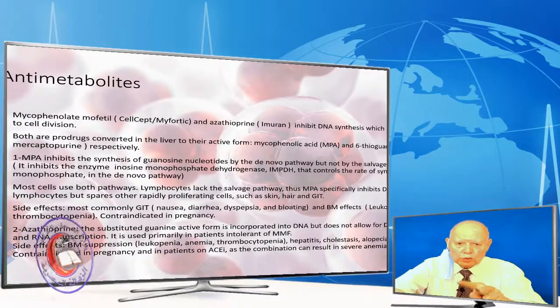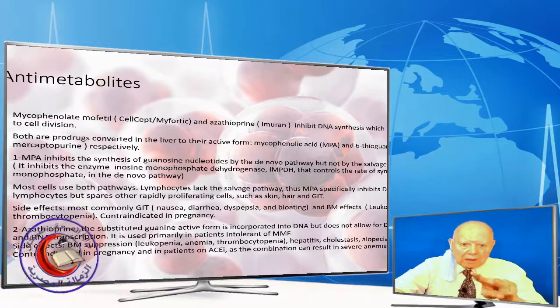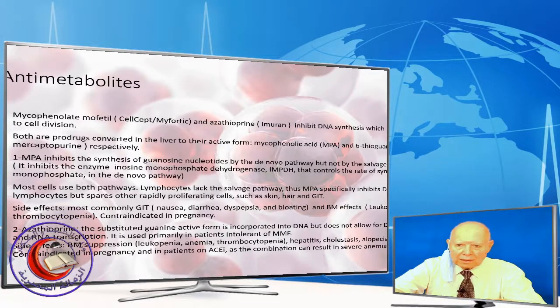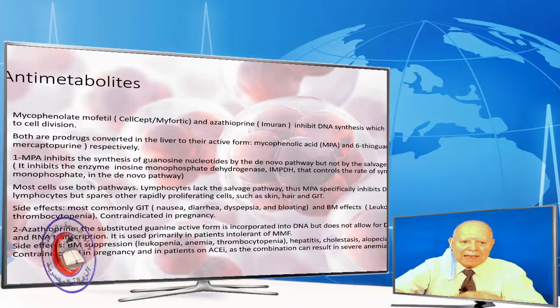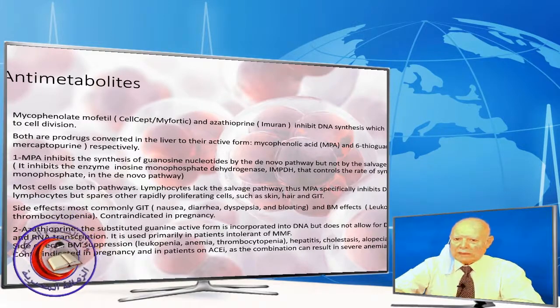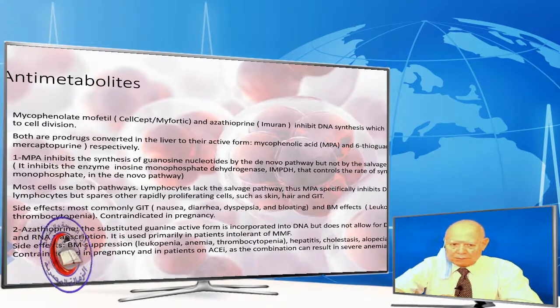So there are 2 pathways to eventually produce guanine: the de novo pathway and the salvage pathway. Mycophenolic acid inhibits the de novo pathway, but not the salvage pathway. And this allows selective inhibition of lymphocytes, because lymphocytes do not have the salvage pathway, but they have the de novo pathway, which is inhibited by mycophenolic acid.